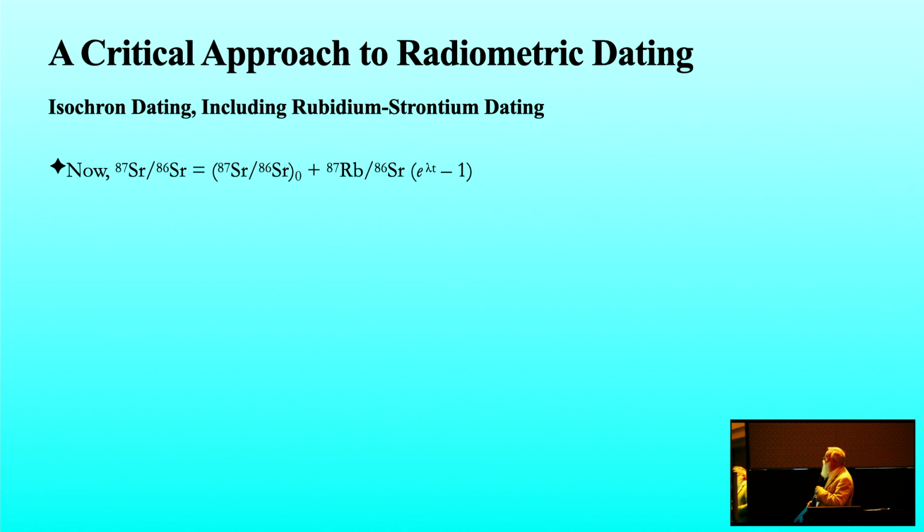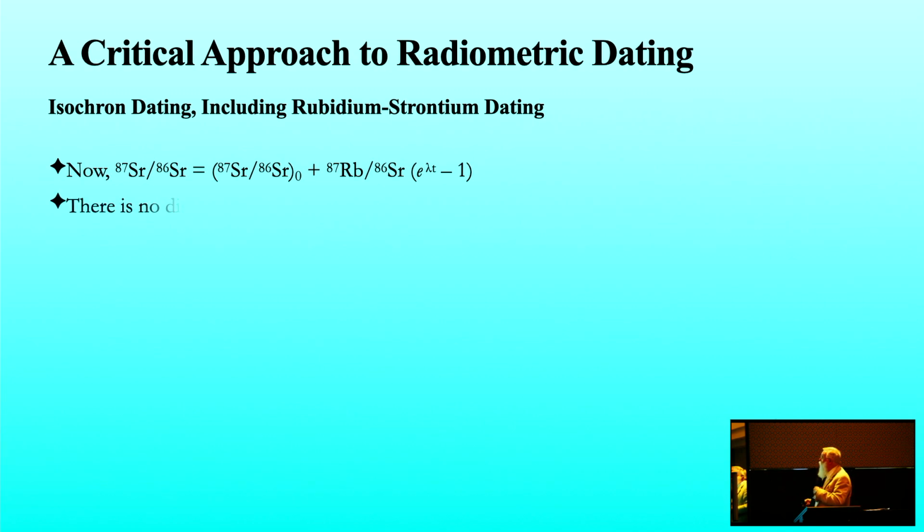Now, you'll notice that the end product, which was 87 strontium over 86 strontium, and you can measure that, is equal to 87 strontium over 86 strontium originally there, plus the 87 rubidium to 86 strontium ratio, times e to the lambda t minus 1. And of course, we can solve for t.